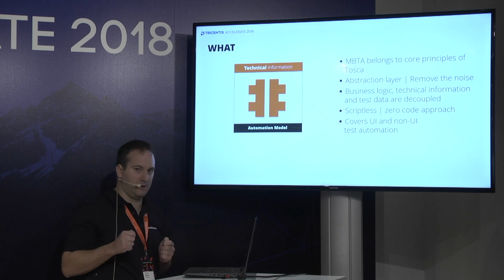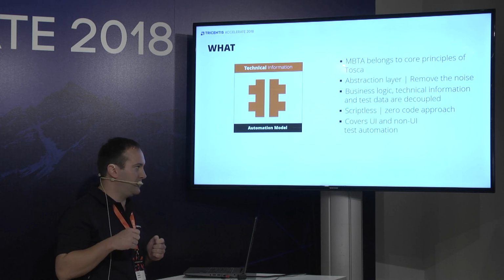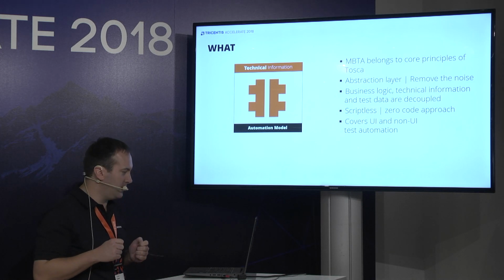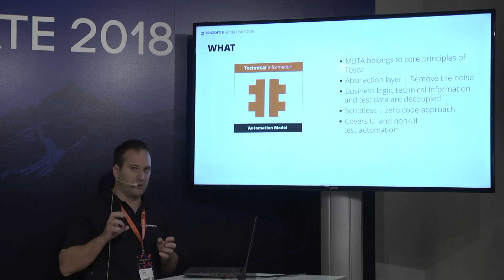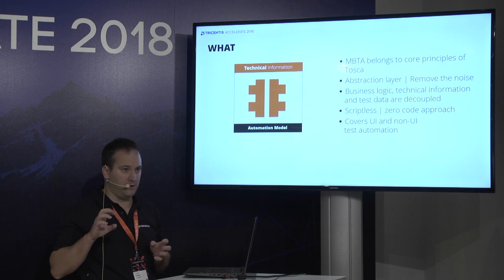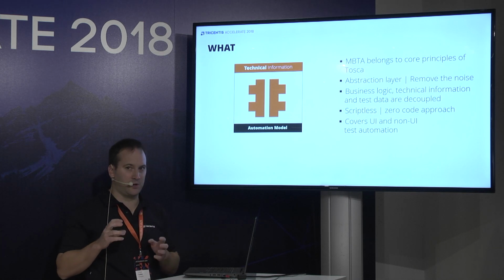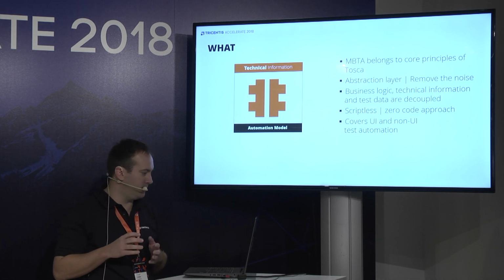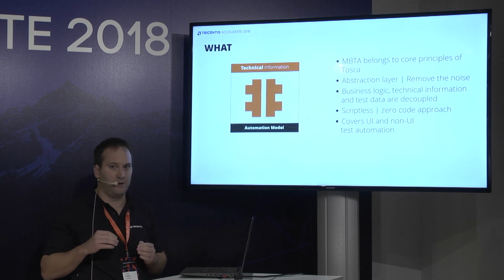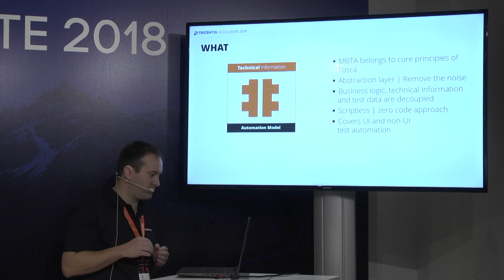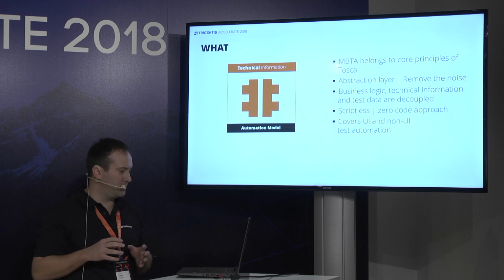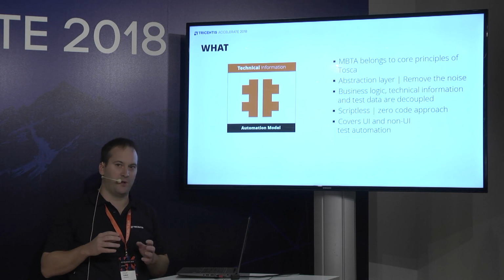When Tosca will automate and run the test case, it will use the modules to steer the controls of the system under test. It can be controls, it can be a form, a button, it can also be at the API level. It doesn't matter. Also very important to understand is that a module is an abstraction layer.